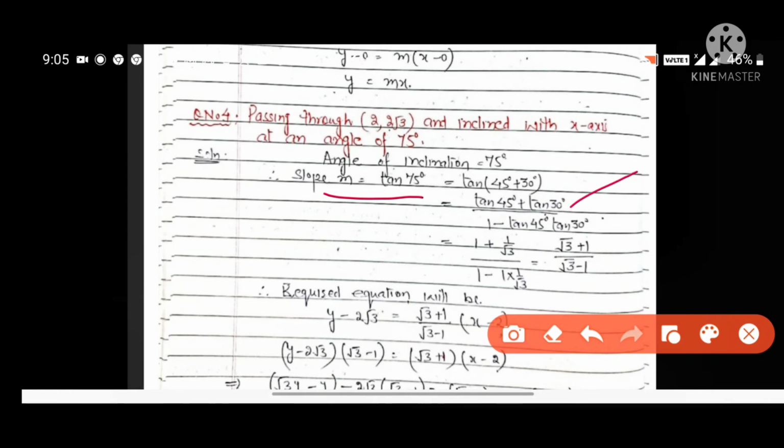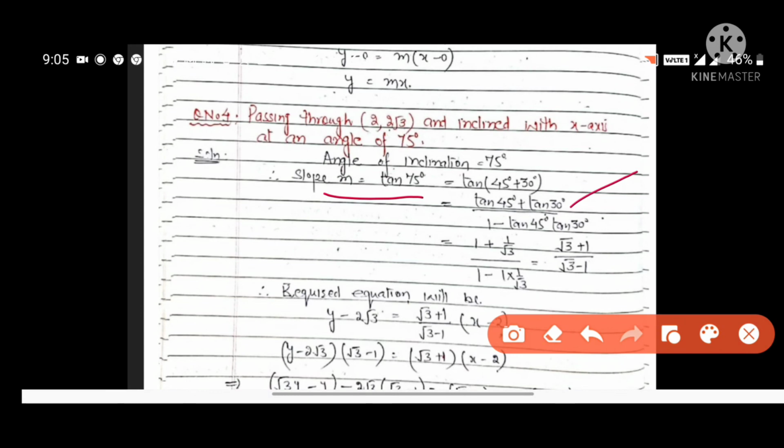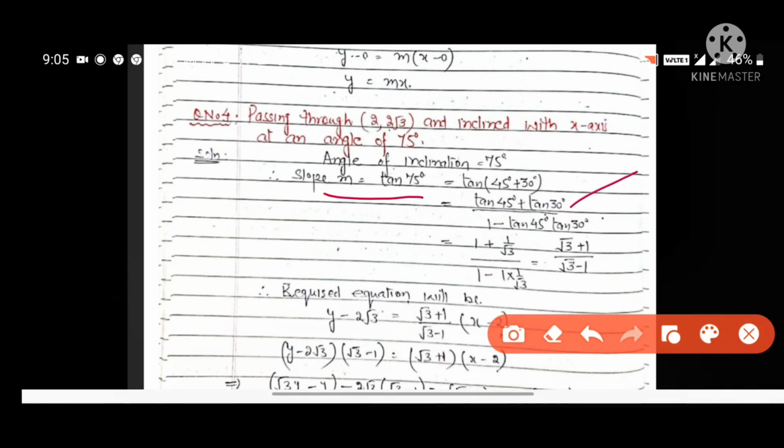Now by using the formula, tan (a plus b) is equal to tan a plus tan b divided by 1 minus tan a tan b. Now by using values tan 45 is equal to 1 and tan 30 is equal to 1 by √3, and by solving this we get tan 75 is equal to (√3 plus 1) divided by (√3 minus 1).